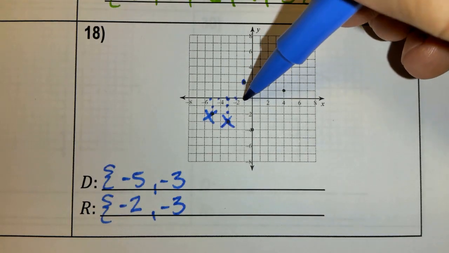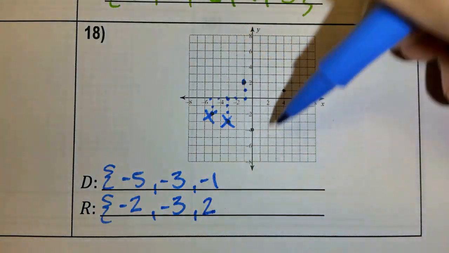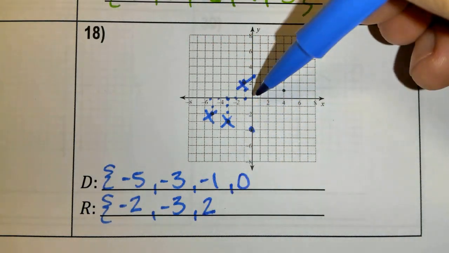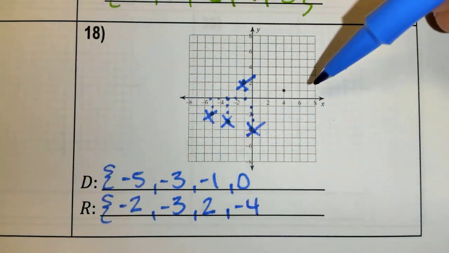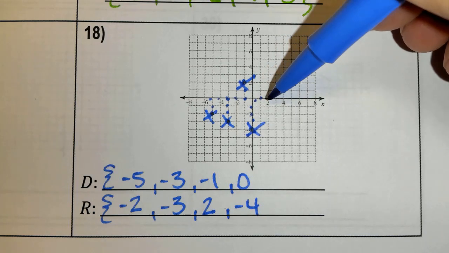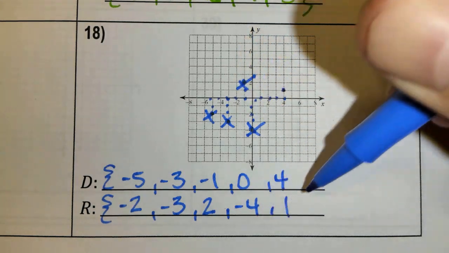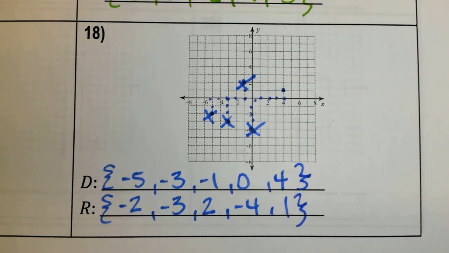Next one's right here, so -1 and 2. Did that one. This one's on the line, so I go 0, 1, 2, 3, negative 4. And my last one, over 1, 2, 3, 4, up 1. And that's it for 18, and that is it for this page, which means that is it for this video.